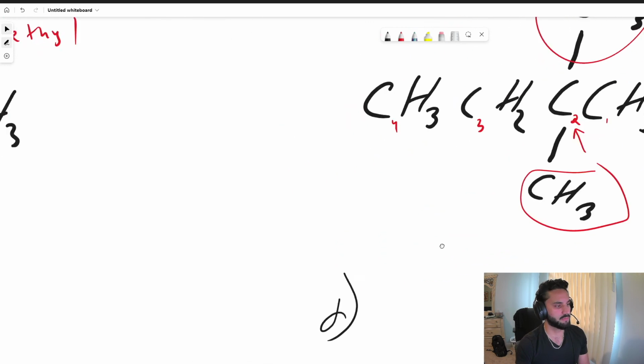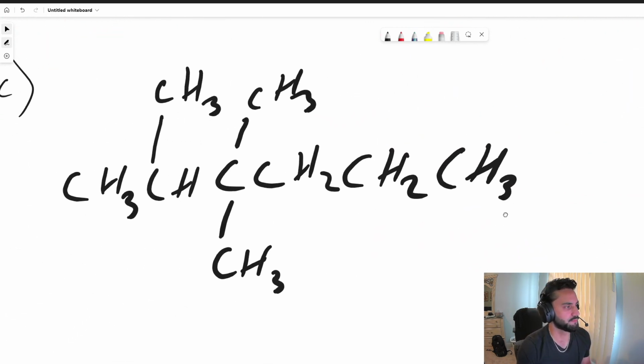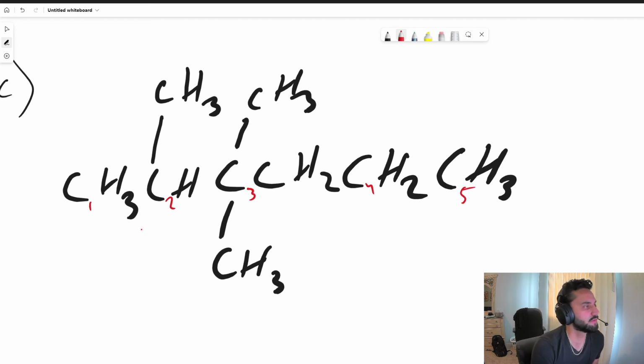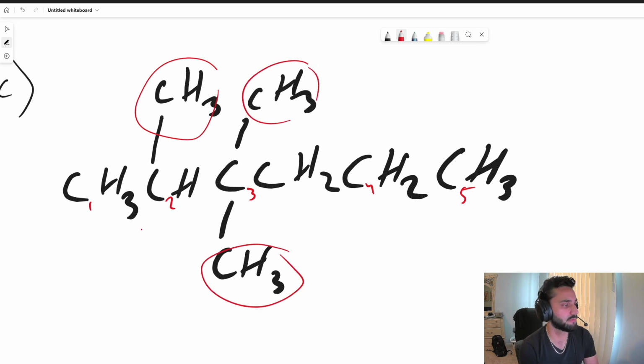All right, let's move on to C. Again, what I want to do is look for the longest chain, which gives these substituents the lowest numbers. So going from left to right, 1, 2, 3, 4, 5. We have substituents coming off this chain here, here, and here, and they're all methyls.